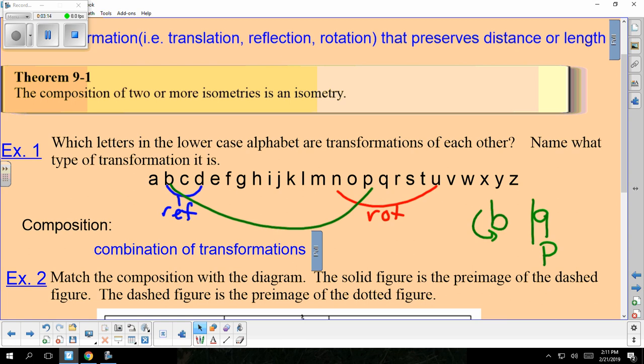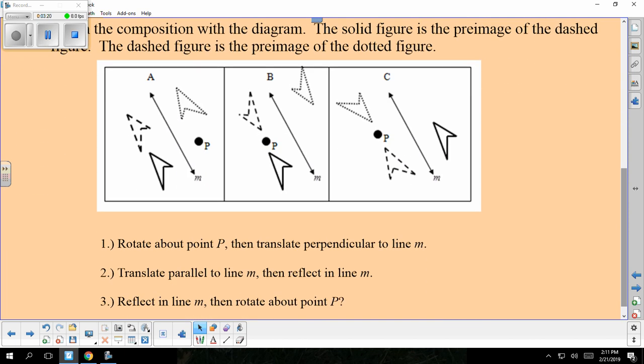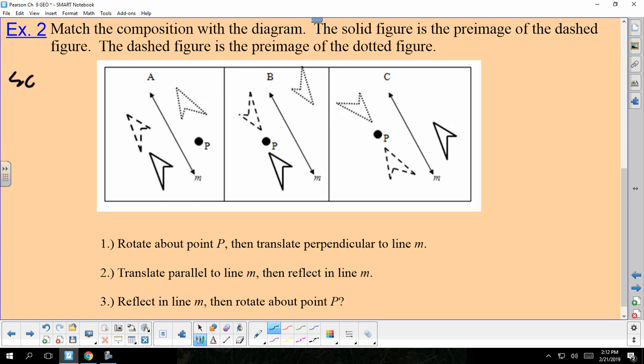All right. Now that we have those, let's look at this example down below. So we want to match the composition with the diagram. So we have three different descriptions, and then we have three different pictures. So the solid figure is our starting point. That is our first, where we're starting.